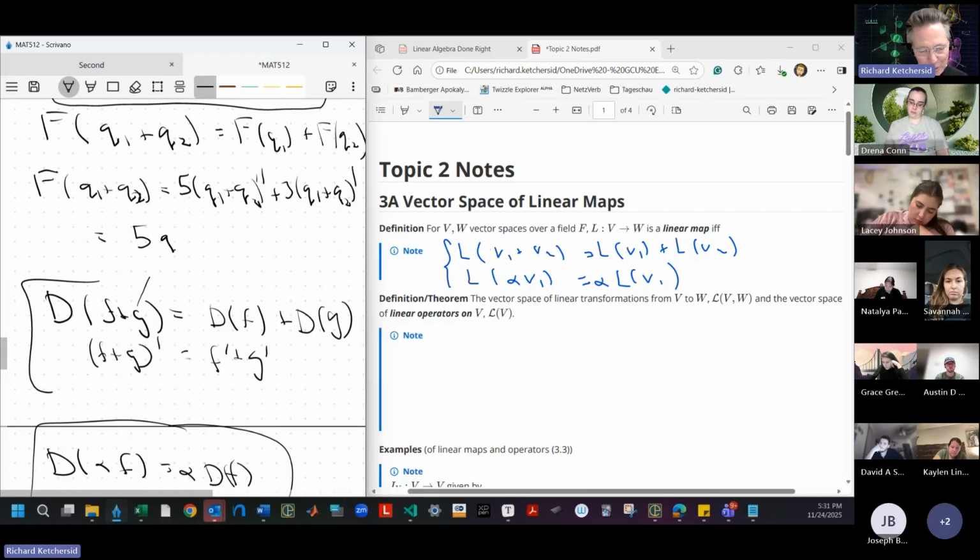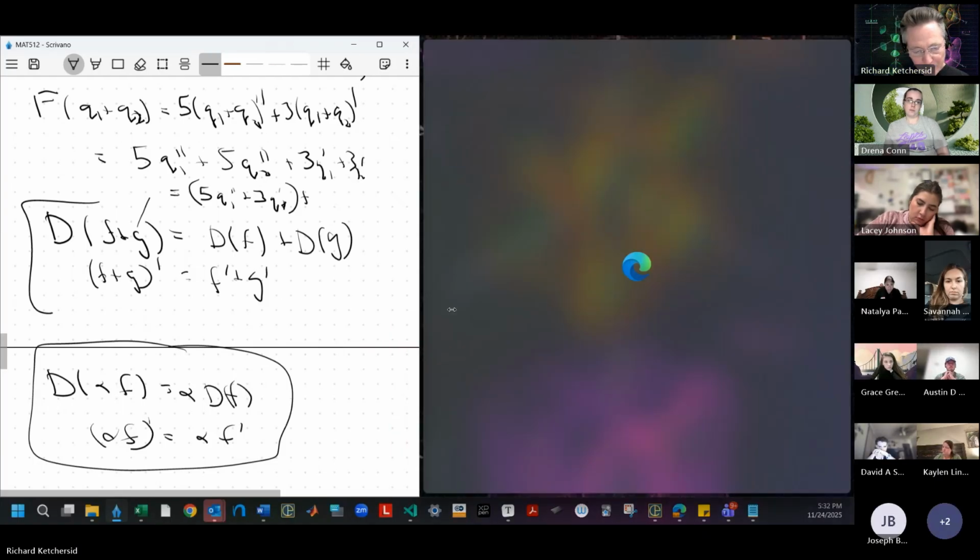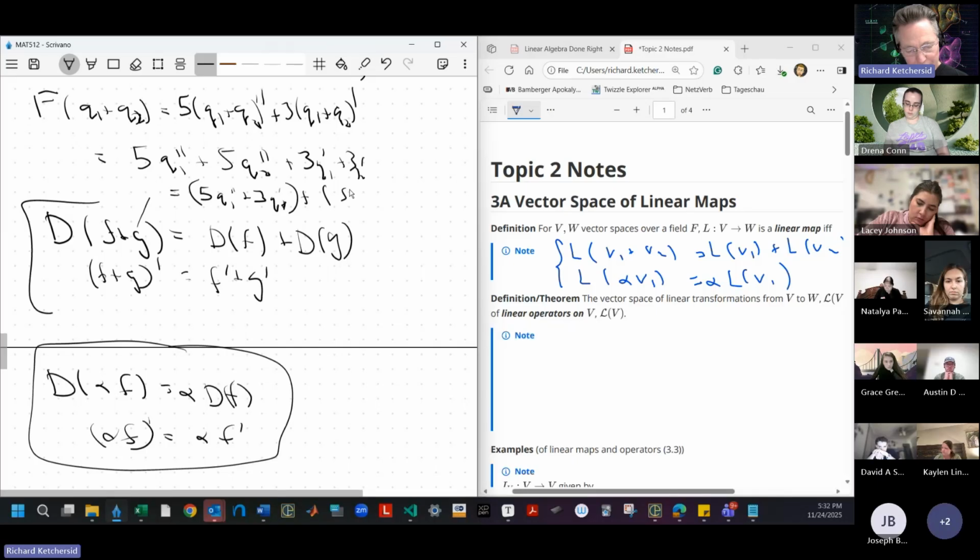So this is 5 q1 double prime plus 5 q2 double prime, right? The 5 passes through, and 3 q1 prime plus 3 q2 prime. We can gather up those terms and I can get 5 q1 double prime plus 3 q1 prime, now I'm running out of room, I'll stretch this over for a second, plus 5 q2 double prime plus 3 q2 prime.